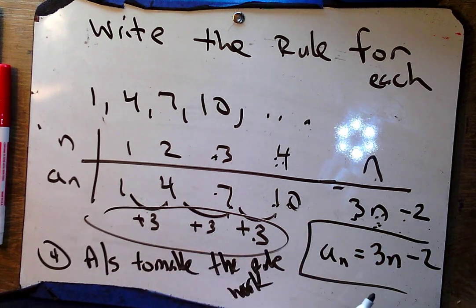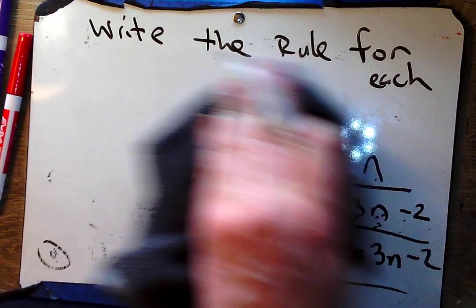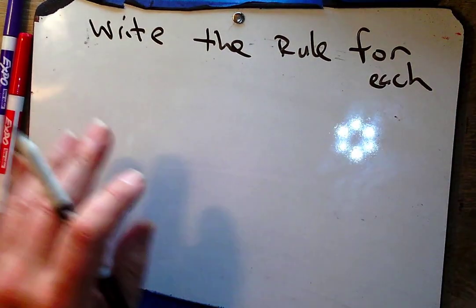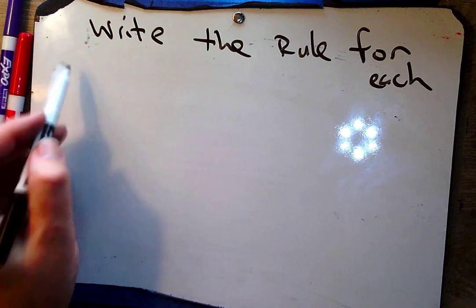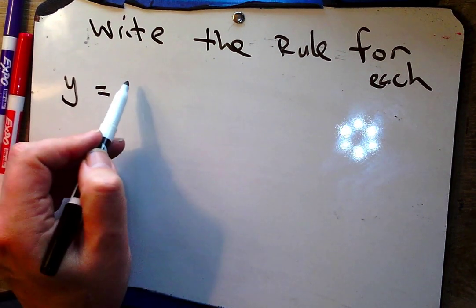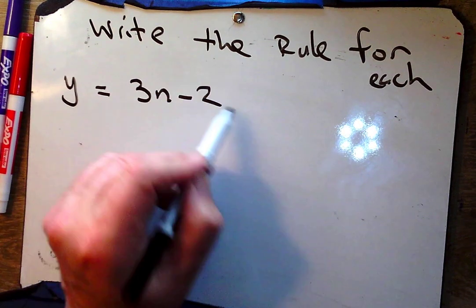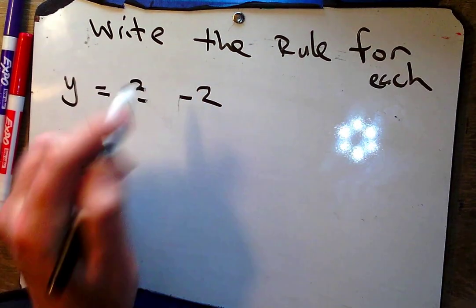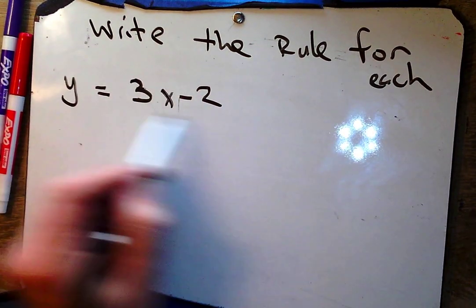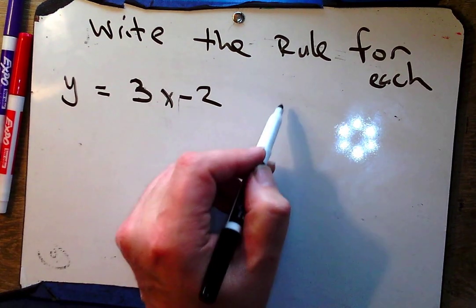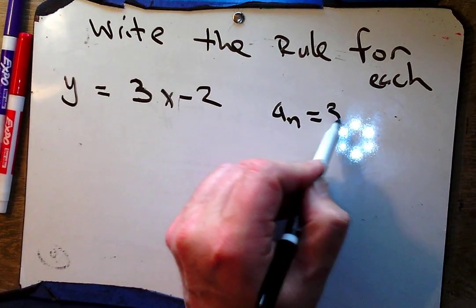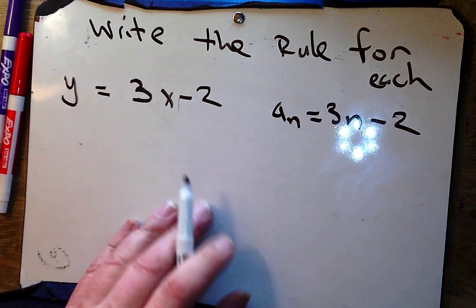Okay? All right. So sometimes our rules are going to be linear, like those were. Oh, hey, one thing. So we just had something like 3n minus 2, yeah? There's a distinction between y equals 3x minus 2 and a sub n equals 3n minus 2.